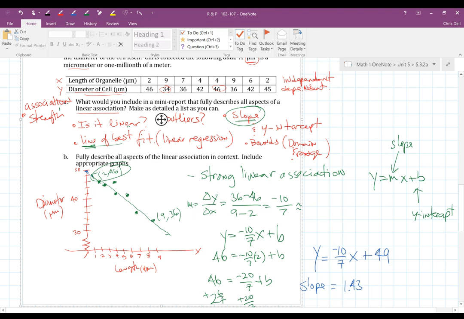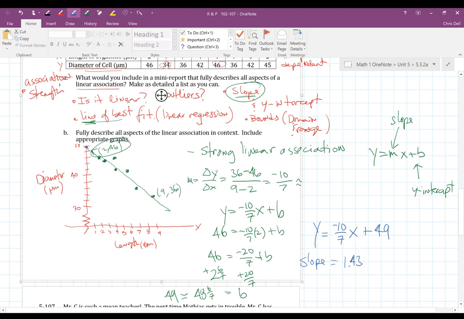So for every 1 micrometer increase in length, I get a decrease in diameter, because the slope is negative.